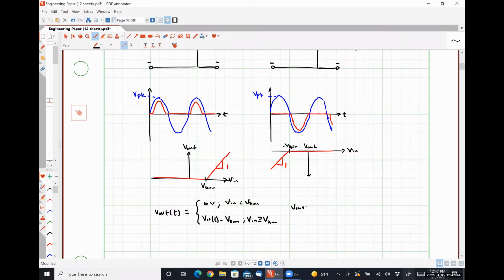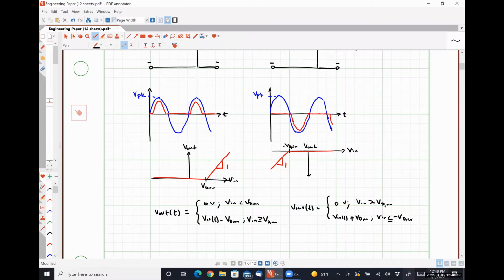And for our right-hand guy, we're going to have effectively the opposite relationship. Zero when V_in is greater than negative V_D on, and it's V_in plus V_D on for V_in less than or equal to negative V_D on.